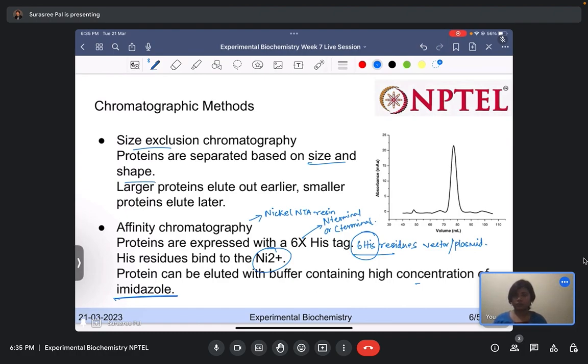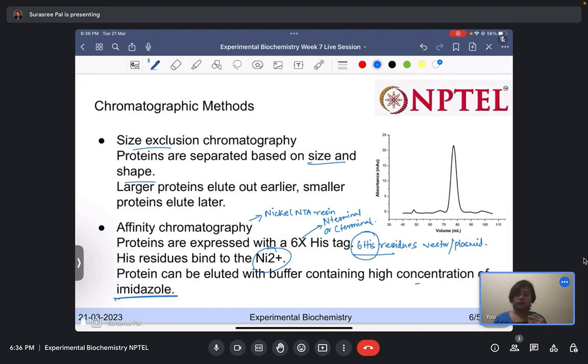So there are these porous beads with which we fill the column, and these porous beads have a particular cutoff value. So the proteins which are larger than the cutoff come out in the void volume.